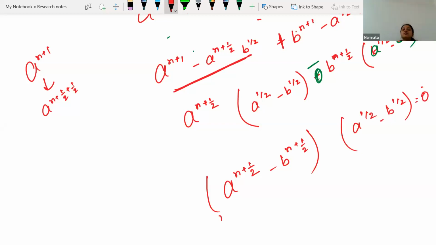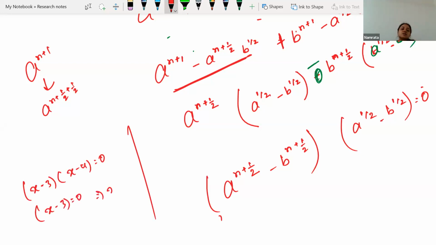So if we get such a term, what we do is, either this one is 0 or that one is 0. Whenever we get x minus 3, x minus 4 is equals to 0, what we say is, either x minus 3 is 0, which implies x equals to 3, or x minus 4 is 0, which implies x equals to 4.